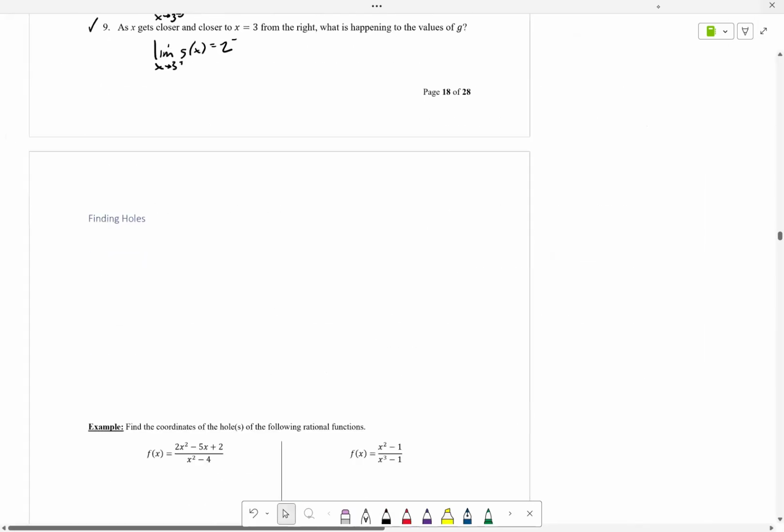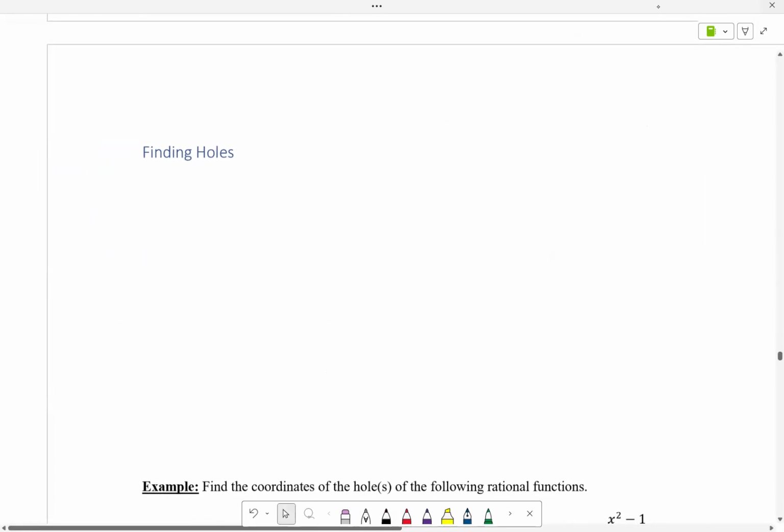So let's summarize what we've done. Finding holes happens when you have what kind of function? A rational function.